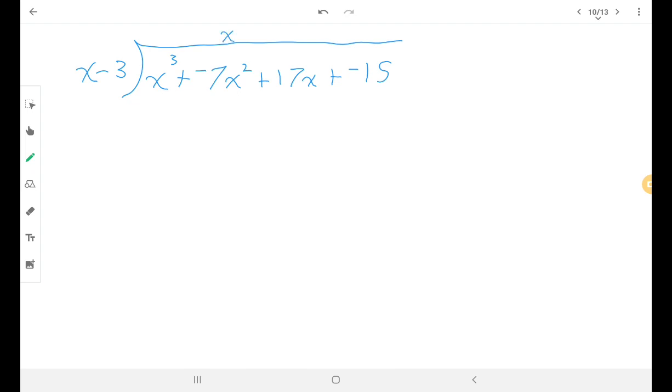X squared times x will be x cubed plus, let's make this minus 3 a plus negative 3 so we can keep track of our positives and negatives easily. X squared times negative 3 is negative 3x squared. Let's change the signs so that we are subtracting.